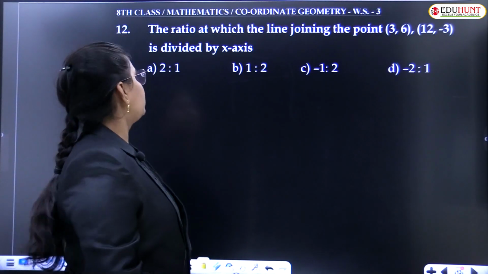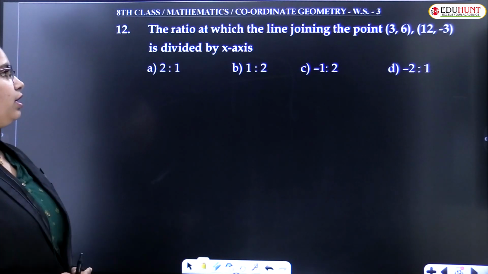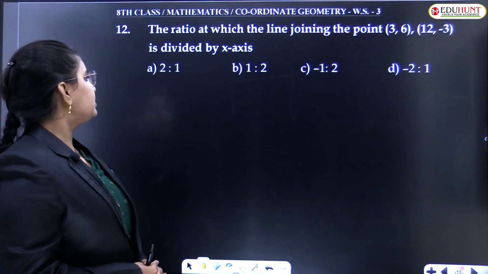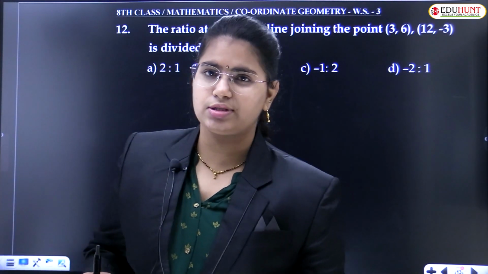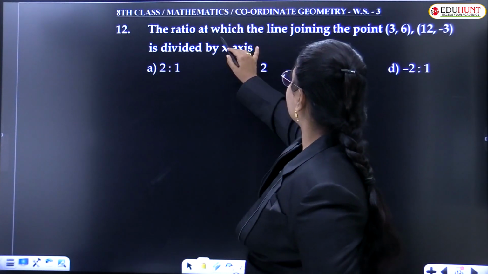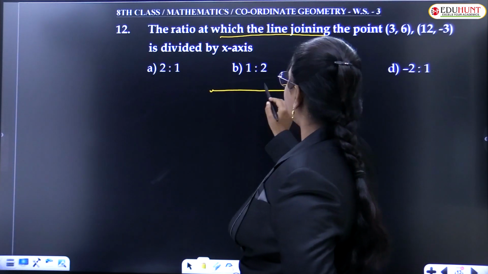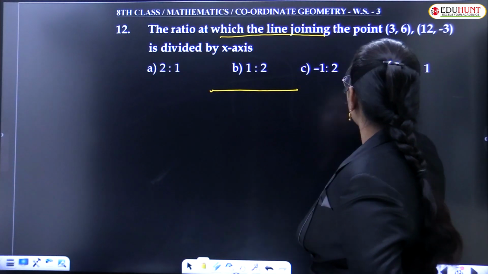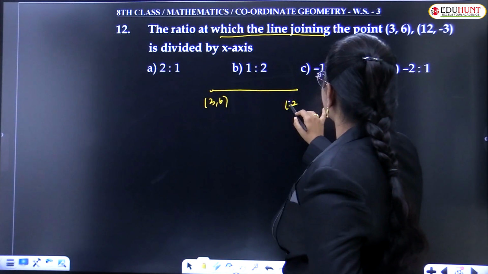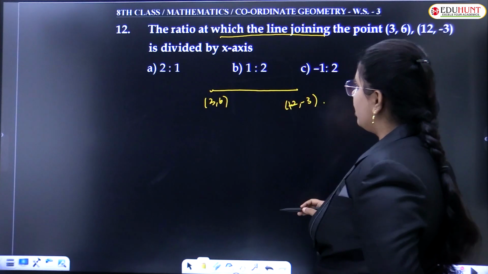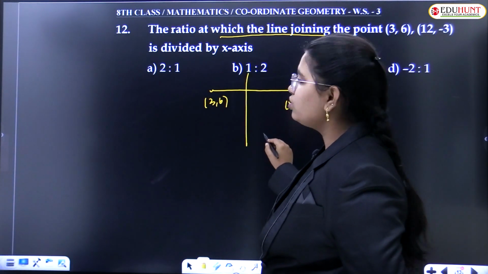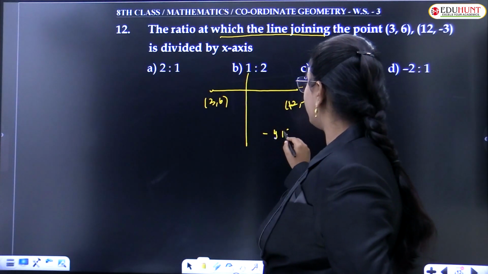So what is my next question? Tell me the ratio at which the line joining the points 3, 6 and 12, -3 is divided by the x-axis. I told you this is very simple. If you are finding the ratio in which the line segment joining the points 3, 6 and 12, -3 is divided by the x-axis, I told you the formula is -y1 is to y2.